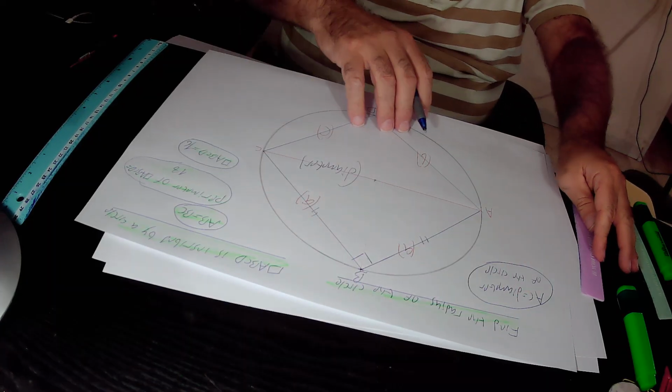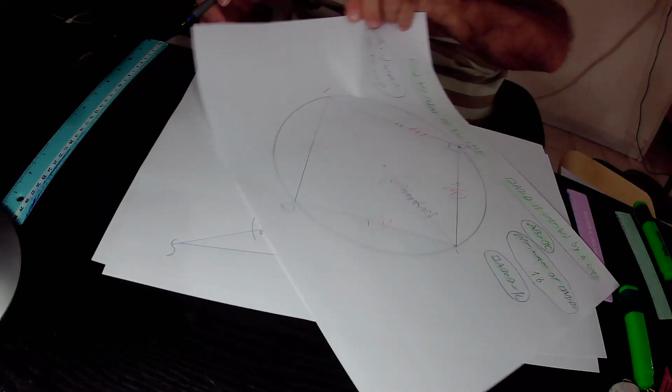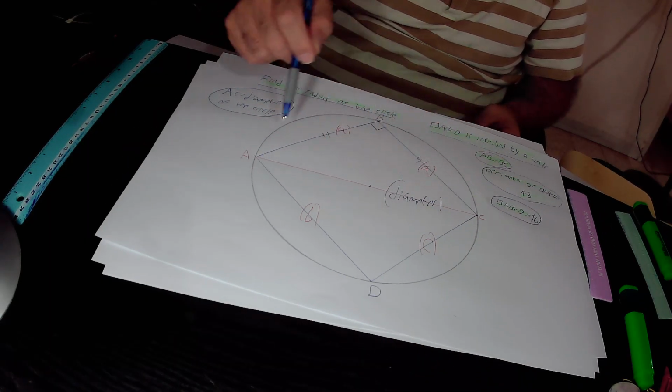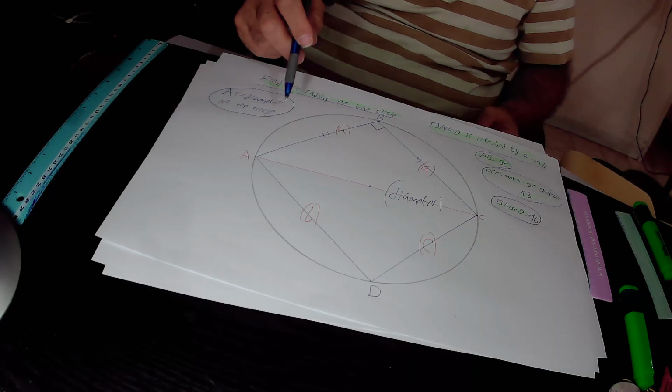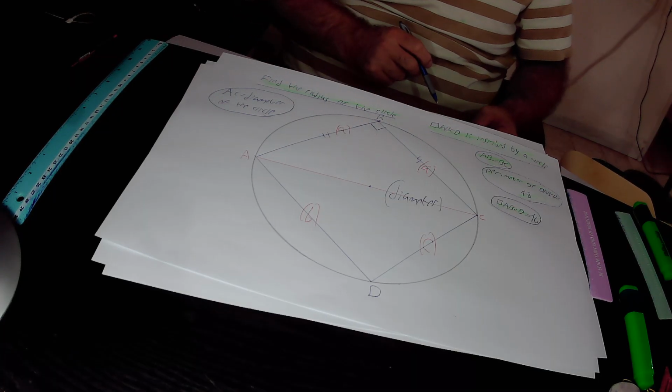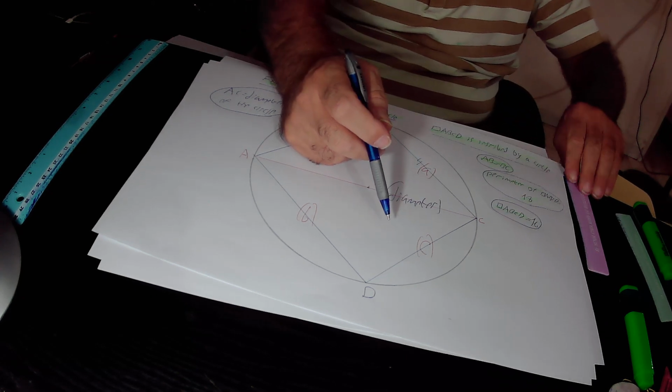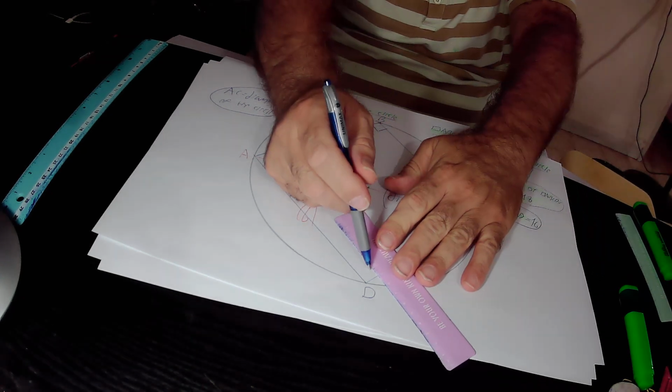Likewise, this is peripheral angle ADC that also subtends on chord AC, that is the diameter of the circle, and therefore according to rule 7, peripheral angle ADC is equal to 90 degrees in its size.